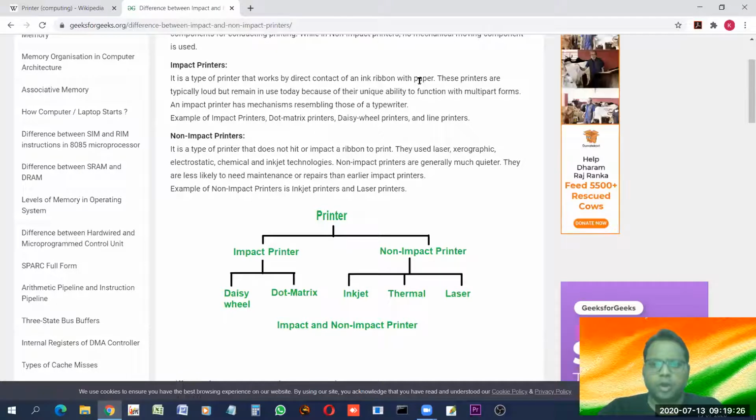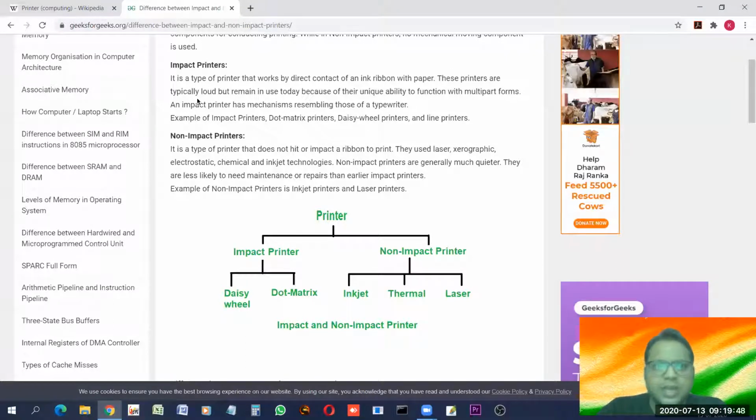So all such printers which use hitting technology, hitting means striking over the inked ribbon, and then the things get printed over there. All such printers which forcefully put some impact on the paper are known as impact printers.